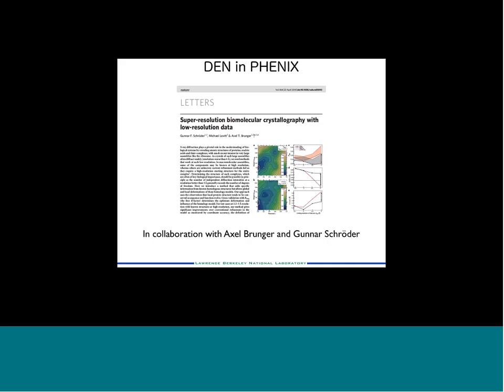So it's a bit more powerful than rigid body because it allows things to deform a bit, but it also keeps the model from going too far from the starting position locally while allowing global shifts to happen. This has been available in CNS, and we wanted to bring it to Phoenix to make it easier to use and more widely available to users in general.